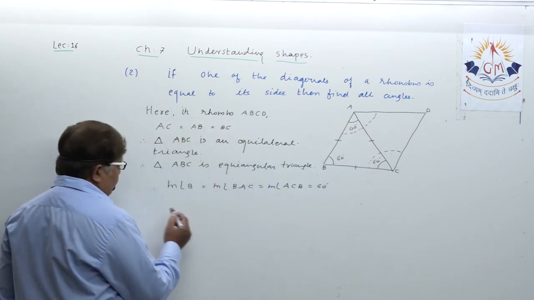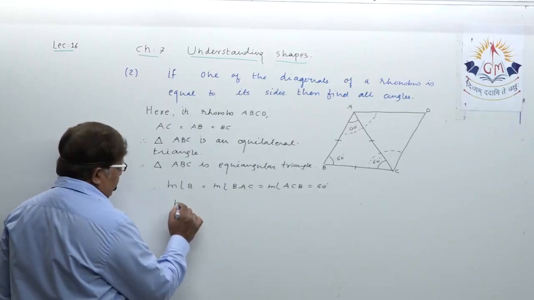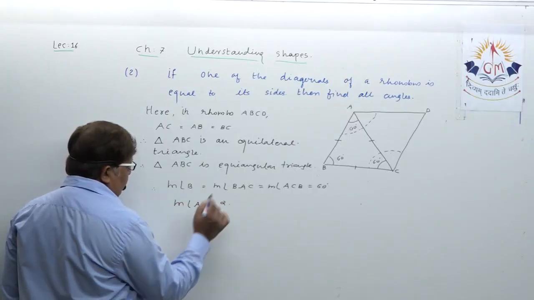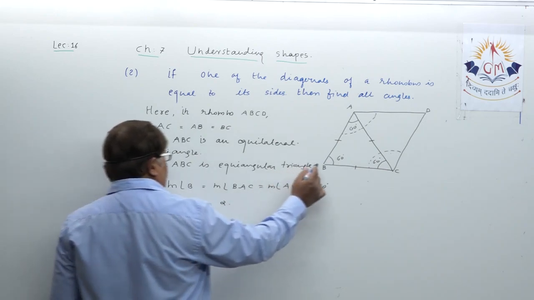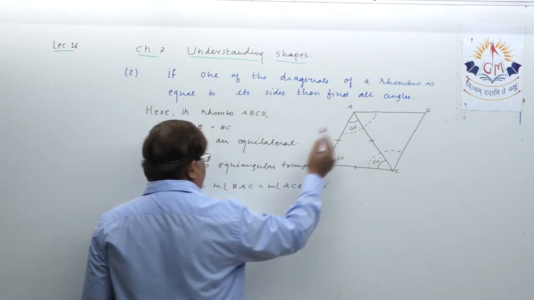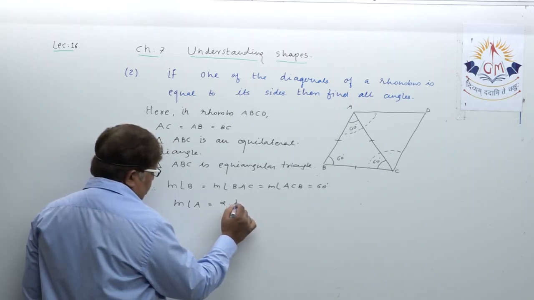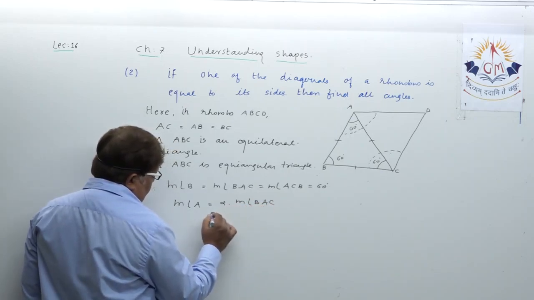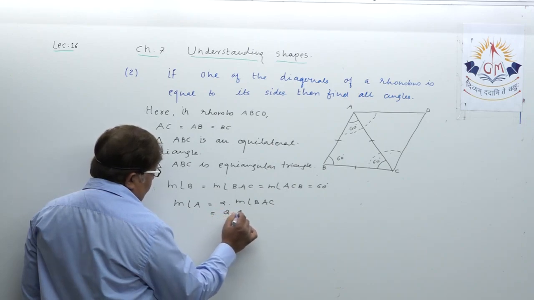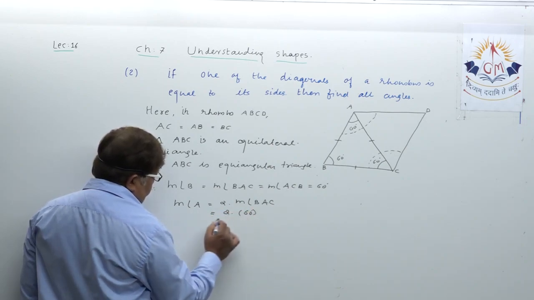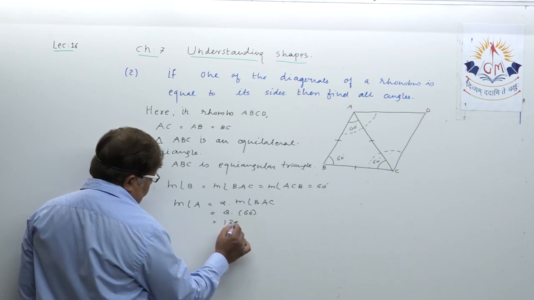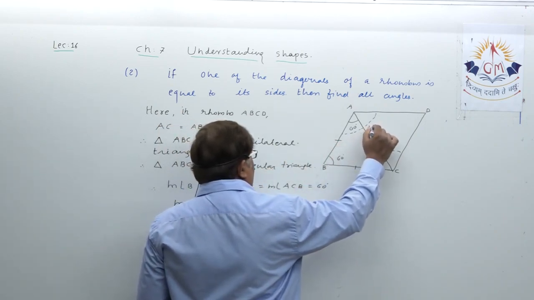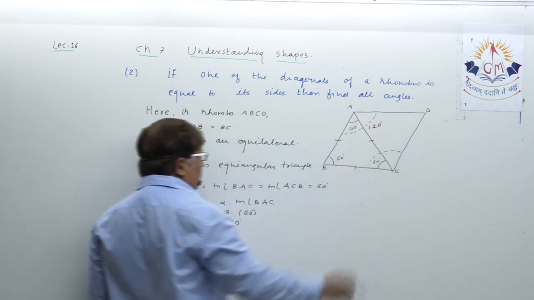So you can mention, dear student, measure angle A equal to 2 into measure angle BAC. That means 2 into 60, this is 120 degrees. So you got A as 120 degrees.